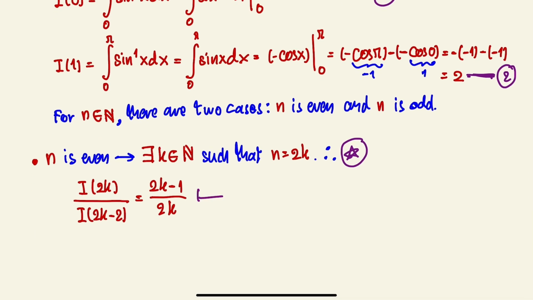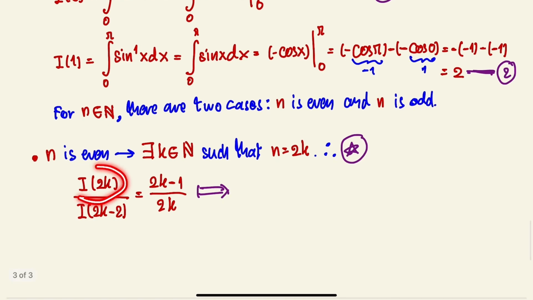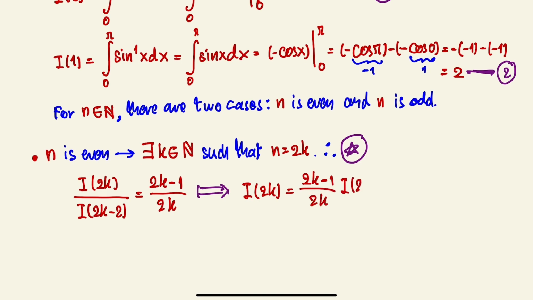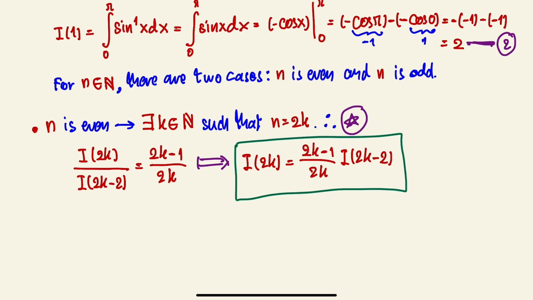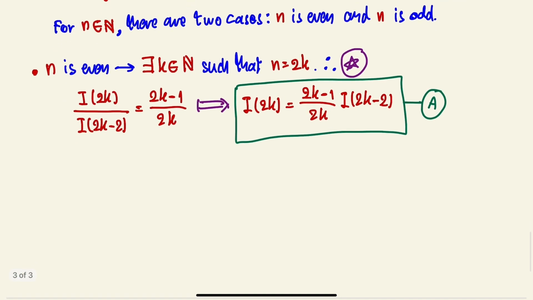Then I of 2k equals 2k minus 1 over 2k times I of 2k minus 2. This is equation A.